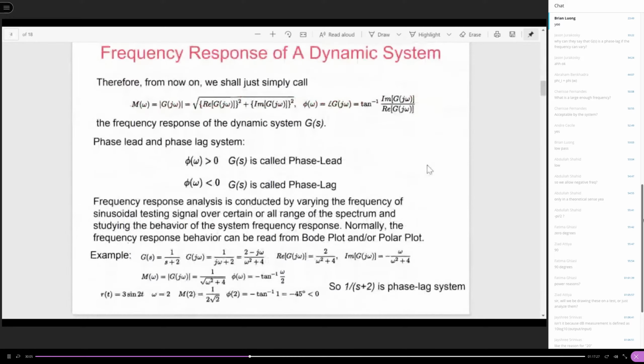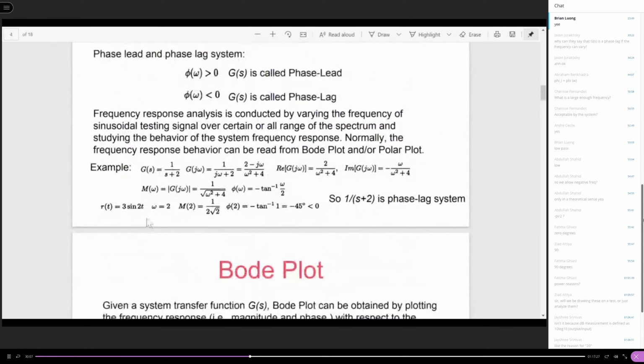Now, a numerical example can give you this. This is a sinusoidal signal, and you can see its frequency is 2. Under this testing signal, G of s is going to give you a magnitude equal to 1/2 square root of 2.